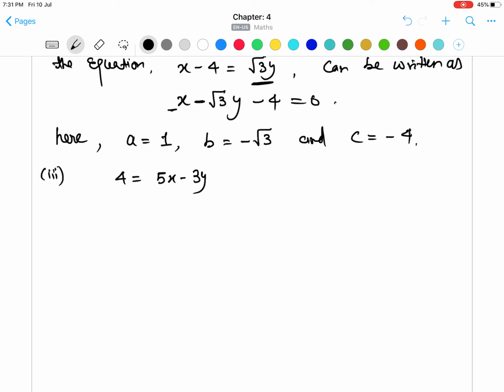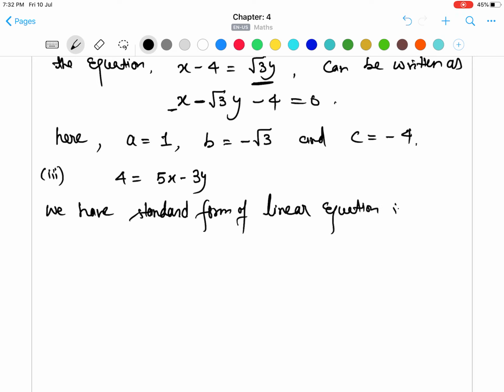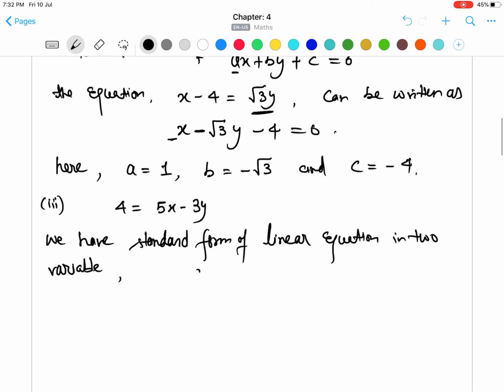So again, we'll write the standard form of linear equation in two variable, which is ax plus by plus c. I'm writing it again so that when you write this in your notebook, you can also remember it clearly.